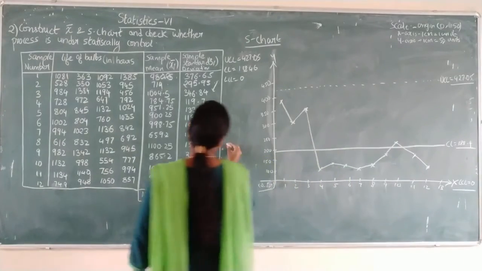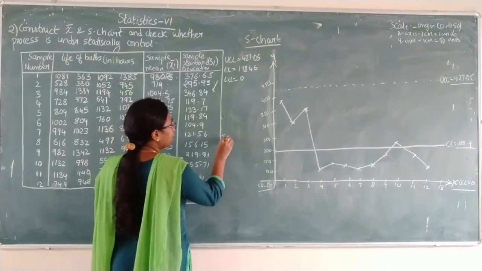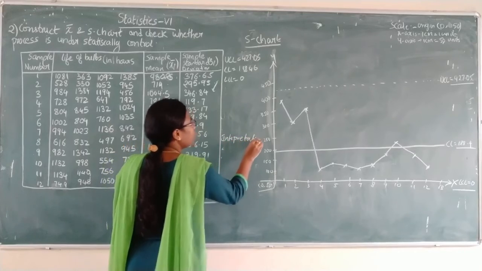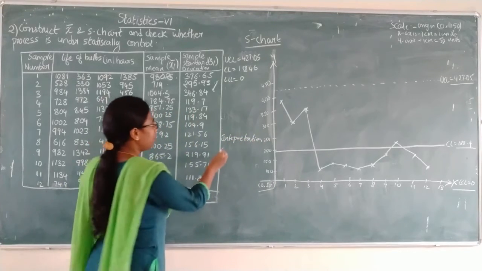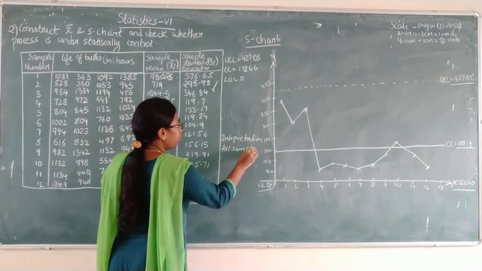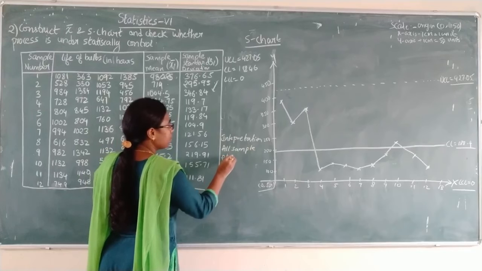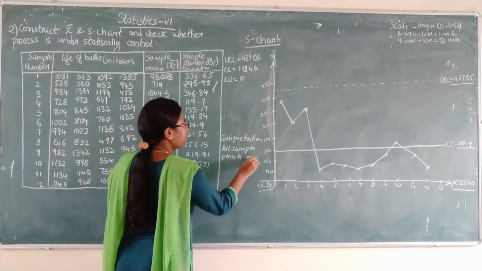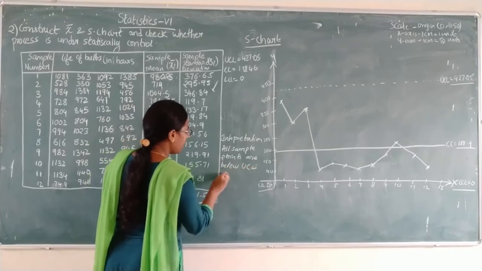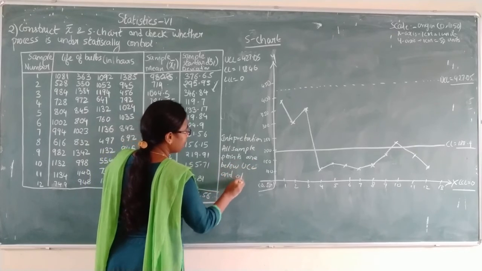Now coming to the interpretation, what can I write in the interpretation? Here all the sample points are below UCL and above LCL.